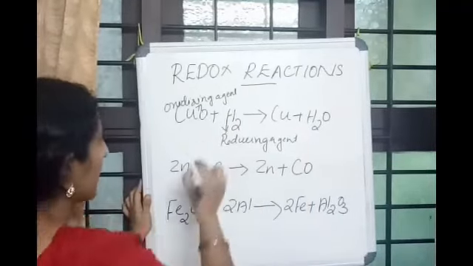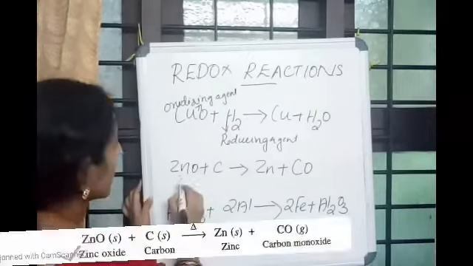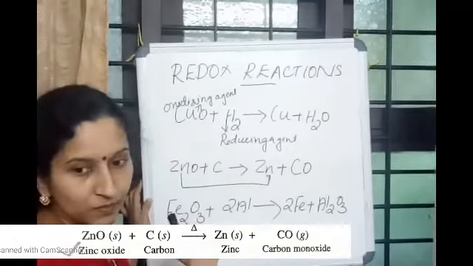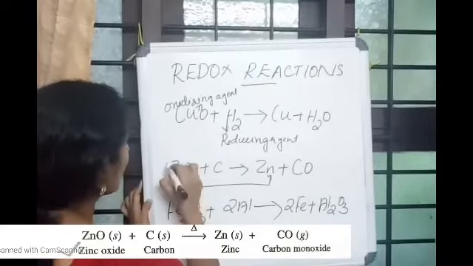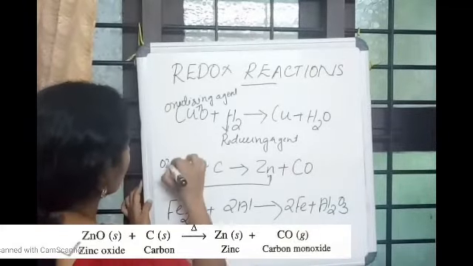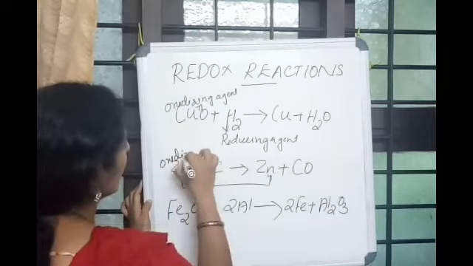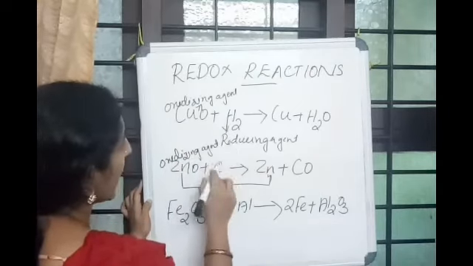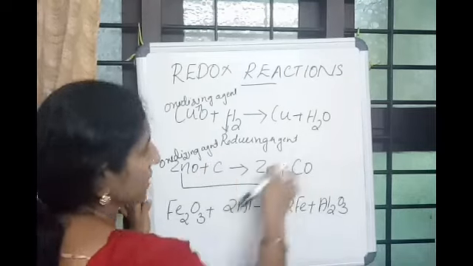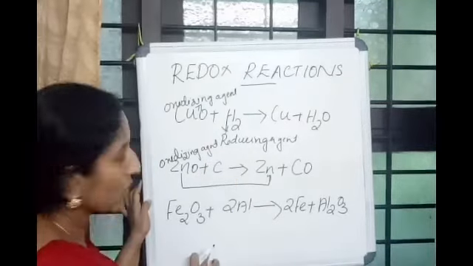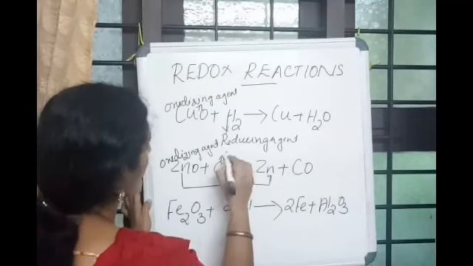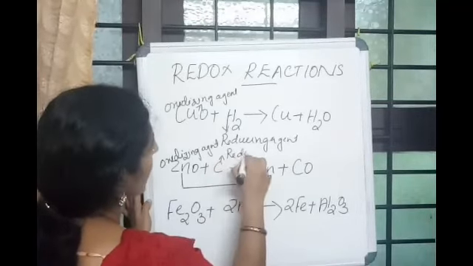Here, zinc oxide loses its oxygen, so zinc oxide is the oxidizing agent. But carbon gains oxygen, so carbon acts as the reducing agent.